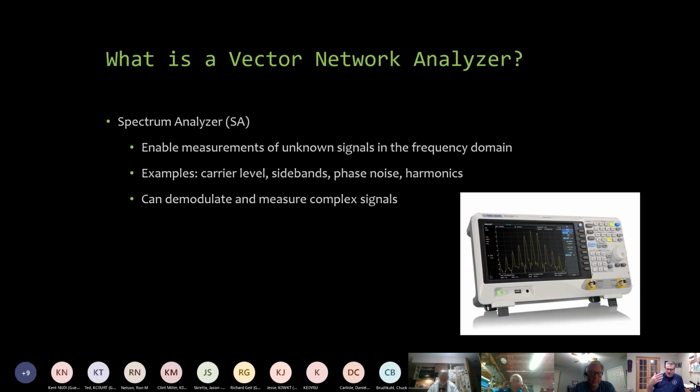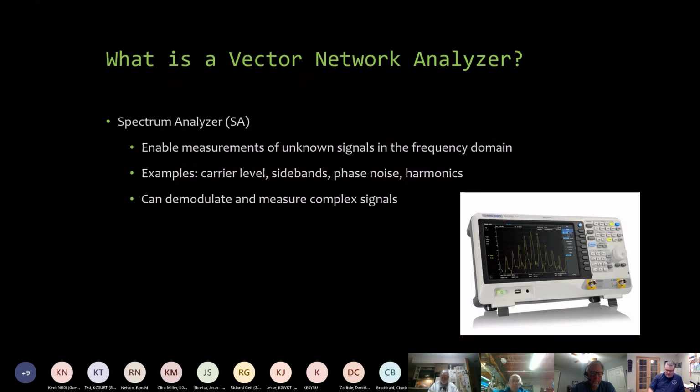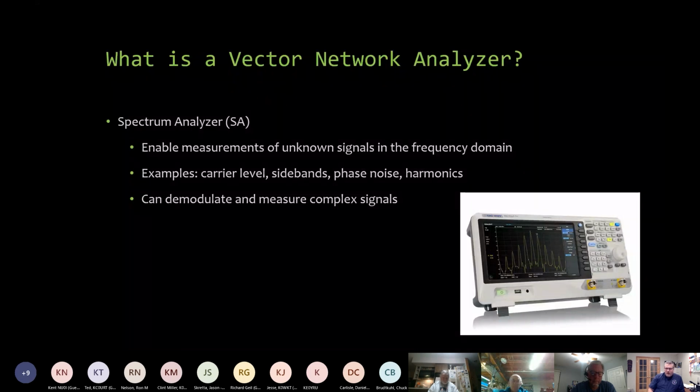We can actually demodulate and measure these complex signals, and again, a great addition to a workbench. They tend to be fairly expensive. An inexpensive one runs in the $1,500 to $2,000 range, and up into the many kilobucks, especially with wider bandwidths and better specifications.